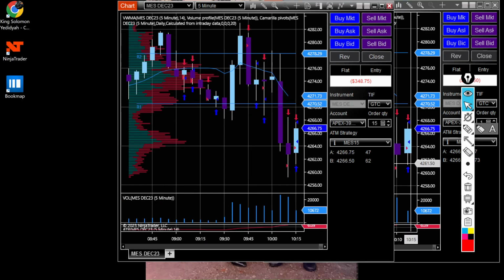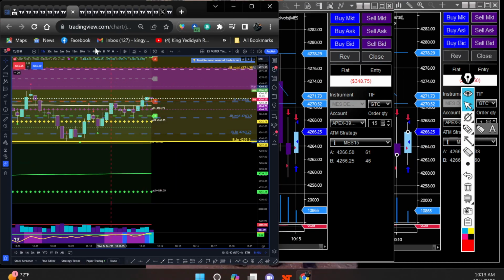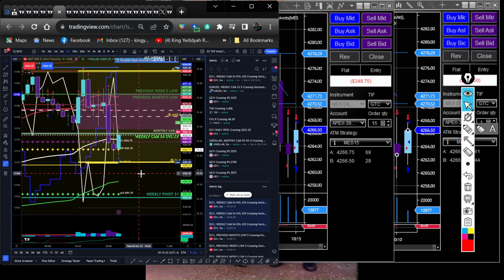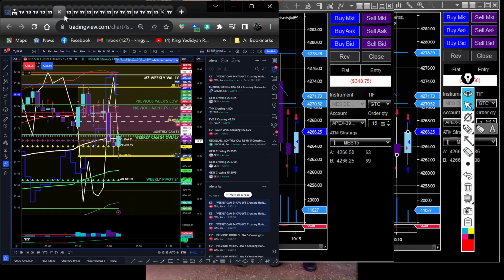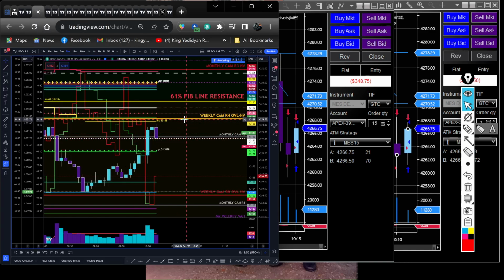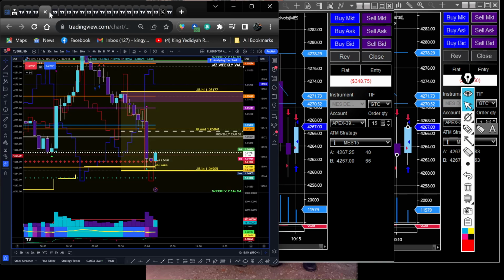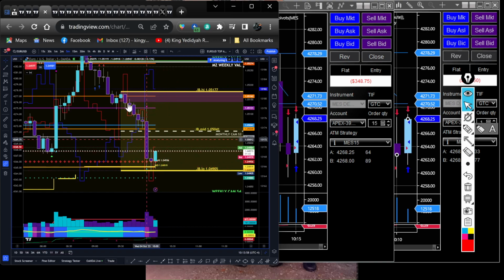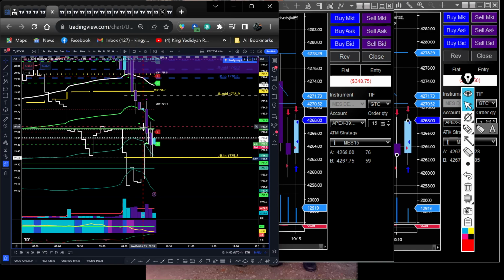All right, so let's see. All right, things are topsy-turvy. Getting this rejection off weekly Cam R4 on the US dollar. Russell 2000 has support here at the mid. Euro USD getting support.